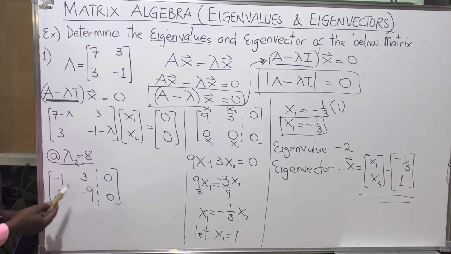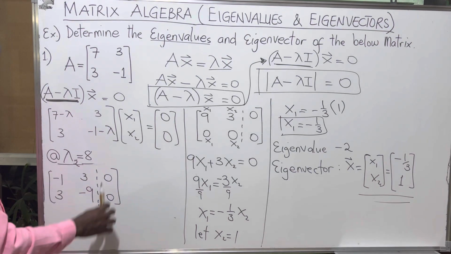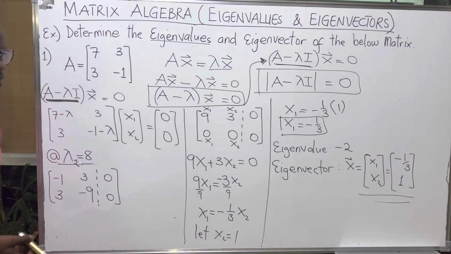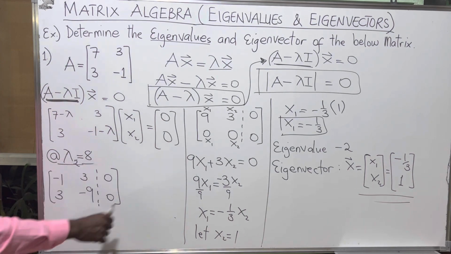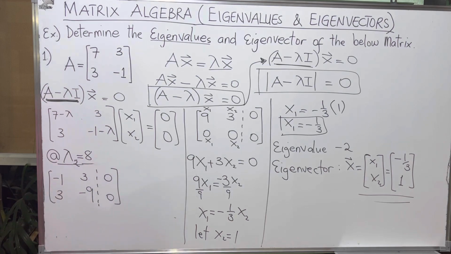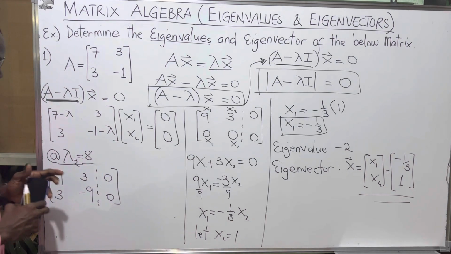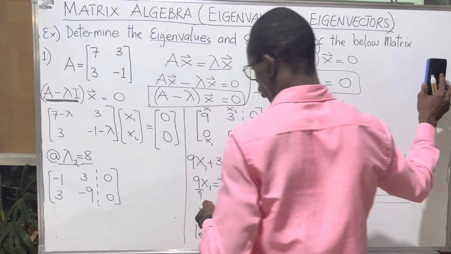Now we must rewrite this in the form of a row echelon form. Just rewrite it, bring in some operations. We know that we can swap rows.